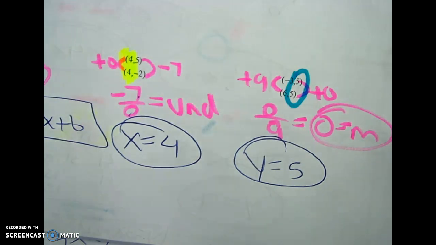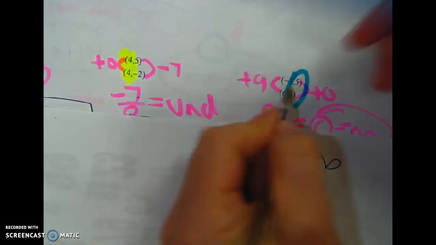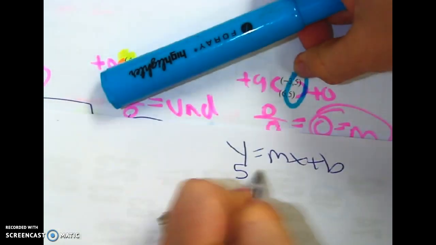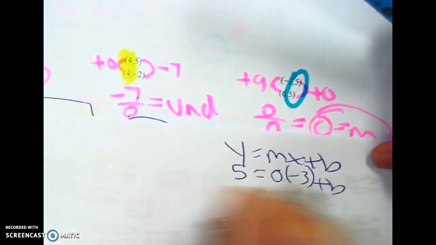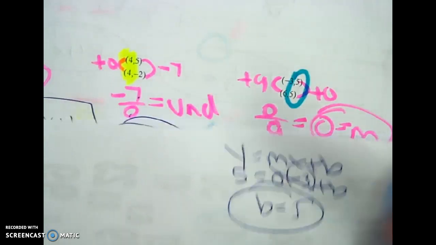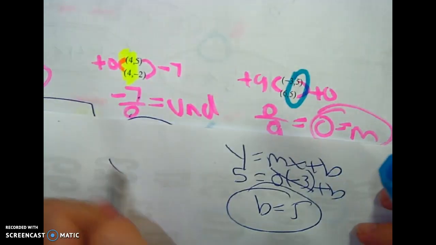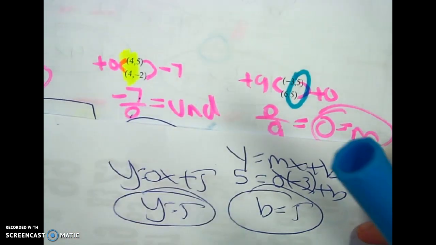If you don't know what I'm talking about, you can go y equals mx plus b, take the first point, 5 equals m, 0, times negative 3 plus b. Anything times 0 is 0, b equals 5. So if my m is 0 and my b is 5, y equals 0x plus 5, which really just is y equals 5.